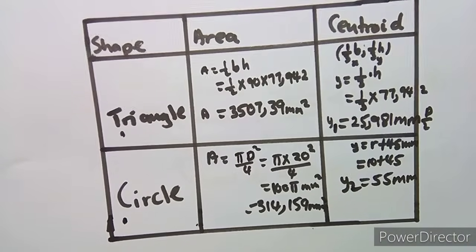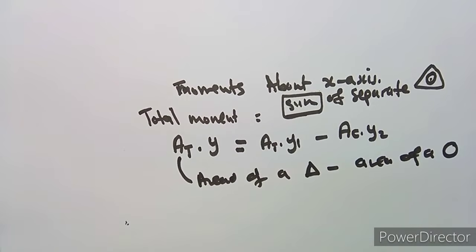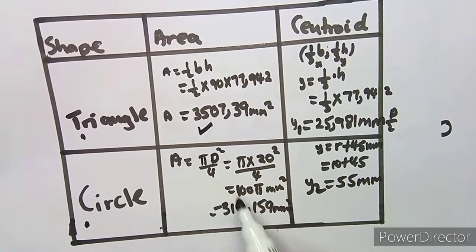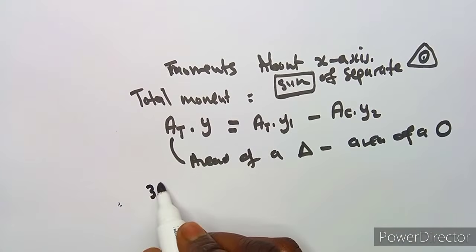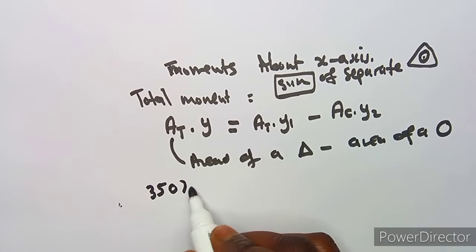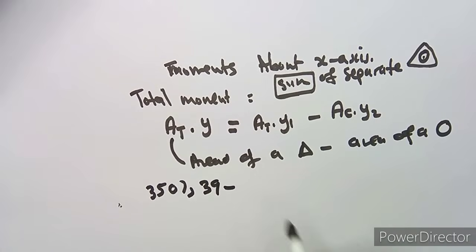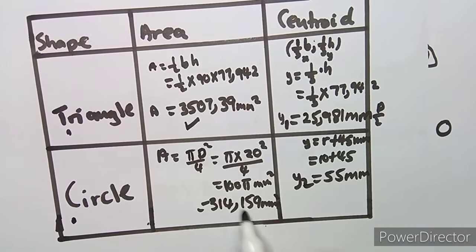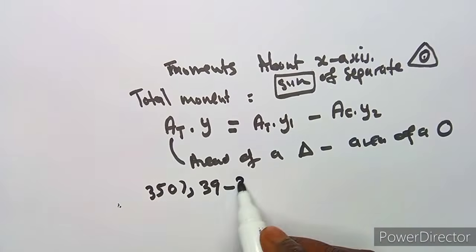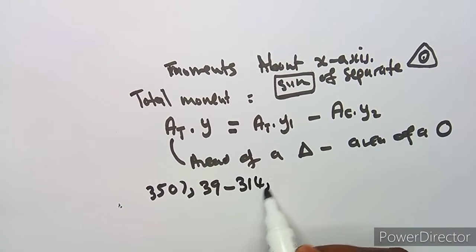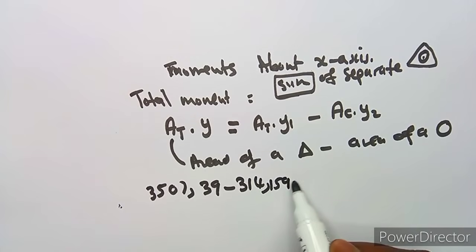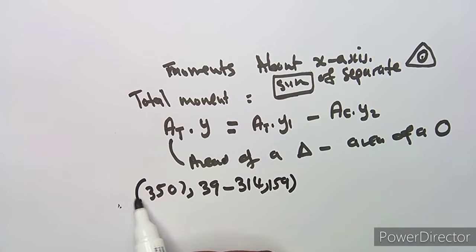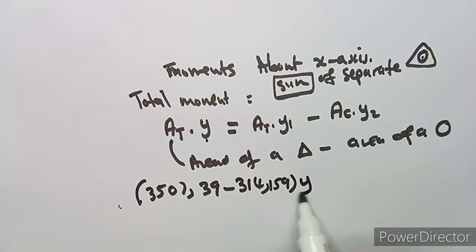So you're going to formulate an equation: 3507.39 minus the area of the circle, because it's inside, which is 314.159. Then you multiply by the distance y that you want to calculate.